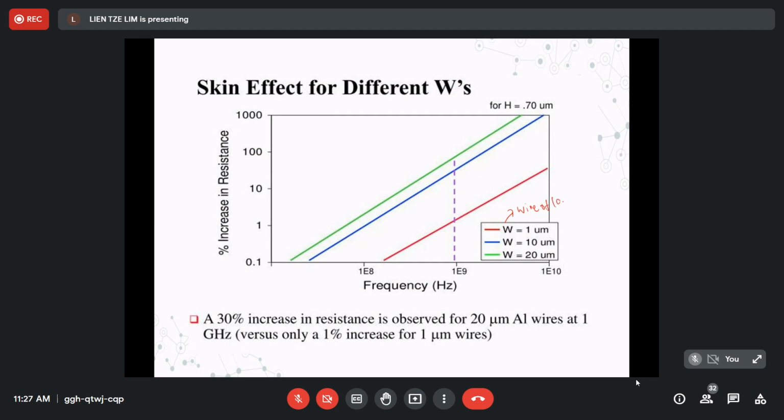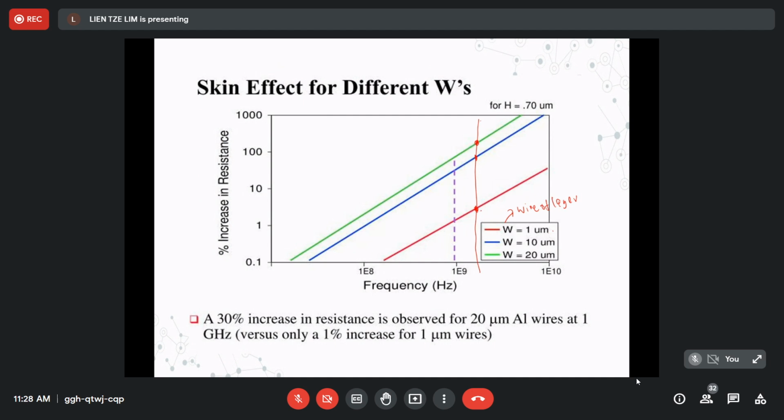If we see this graph, if the width of the layer is small, or the layer is narrow, it seems that the resistance is lower when a higher frequency is applied. If we compare at this point, I use one point here, you can compare it easily.